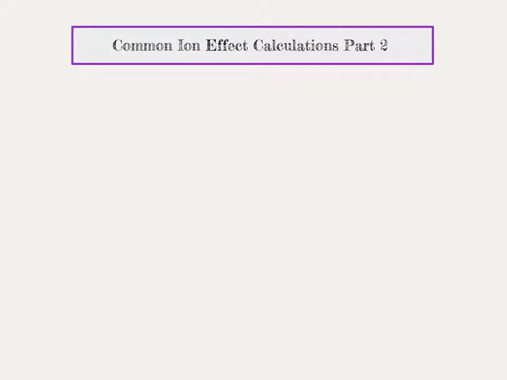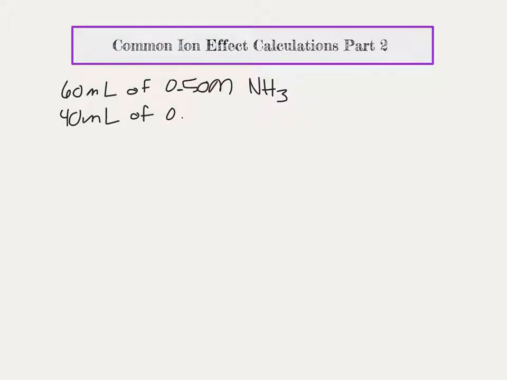Okay, now let's consider a solution made out of 60 milliliters of 0.50 molarity ammonia and 40 milliliters of 0.50 molarity ammonium ion.